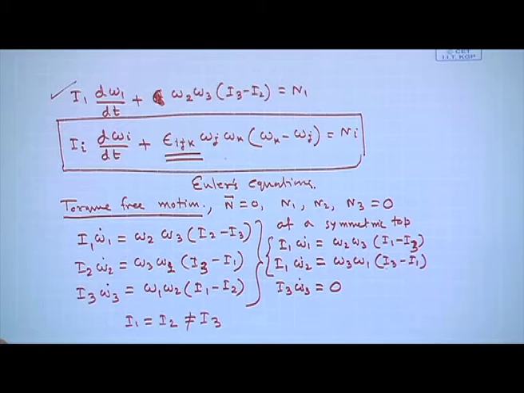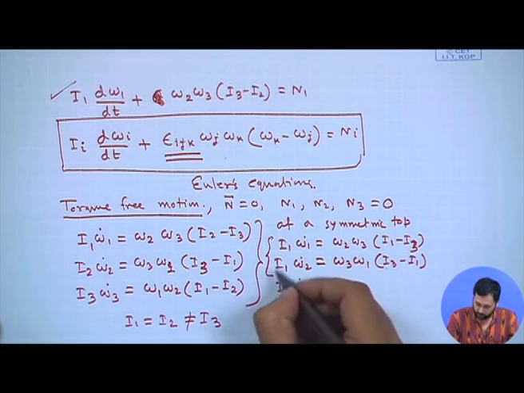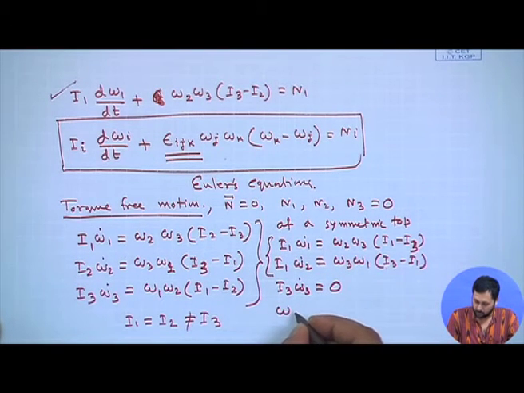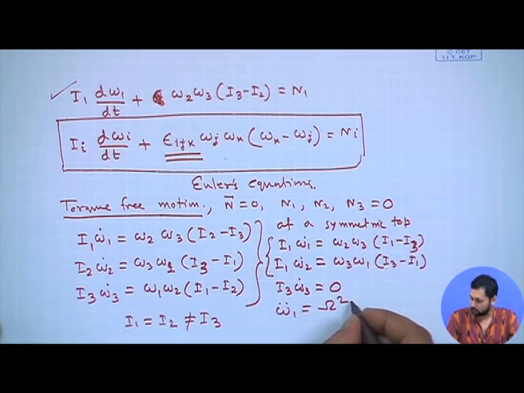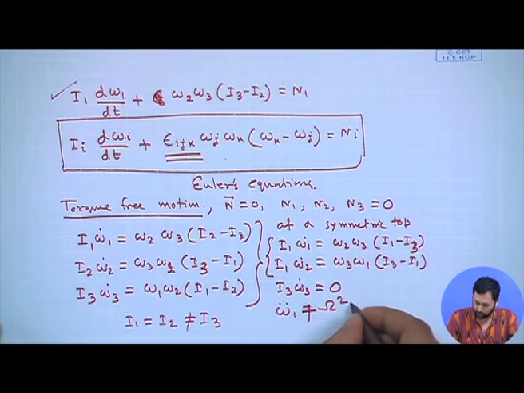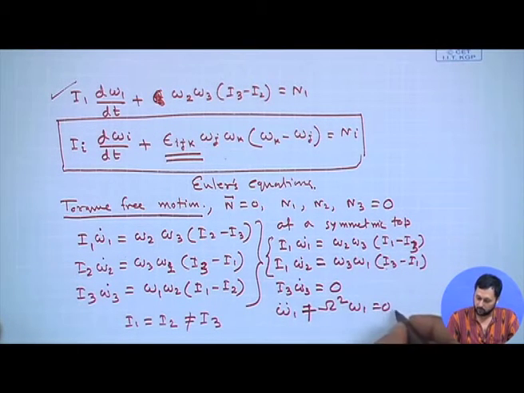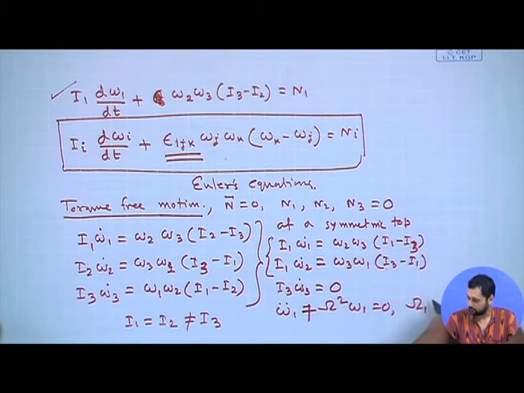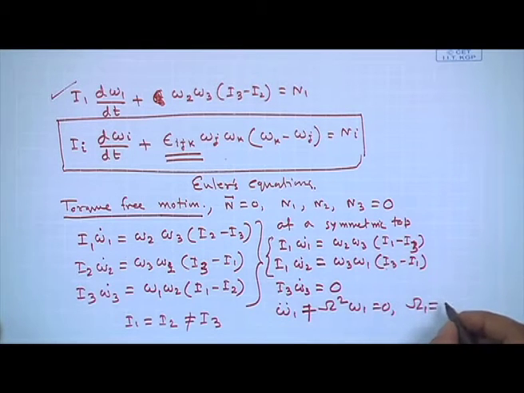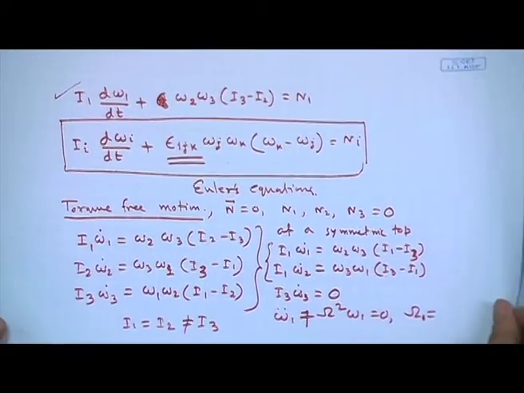So, if I slightly modify this, from the first two equations we can reduce to omega 1 double dot plus capital omega square omega 1 equal to 0, where capital omega is given by, okay, let us do it systematically, that will be easier.